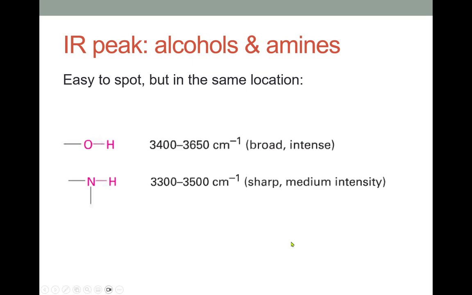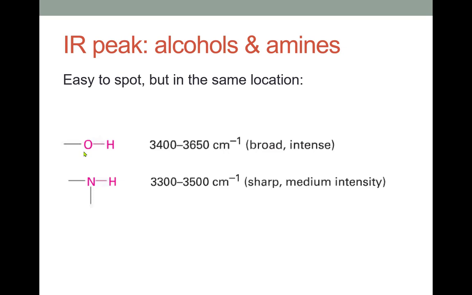Alcohols and amines are the real showstoppers of the IR world. They both show up as pretty intense peaks, and they're both going to be just about the highest thing you're going to find, in that 3500 kind of range. Alcohols tend to show up as very broad peaks, particularly if they can accomplish hydrogen bonding.